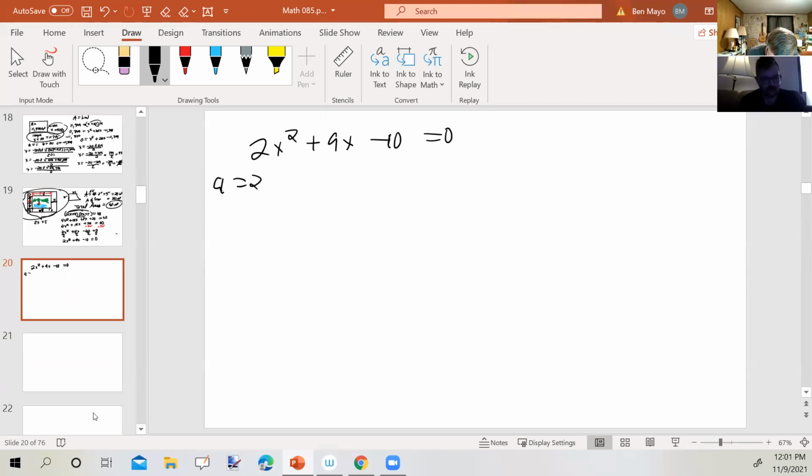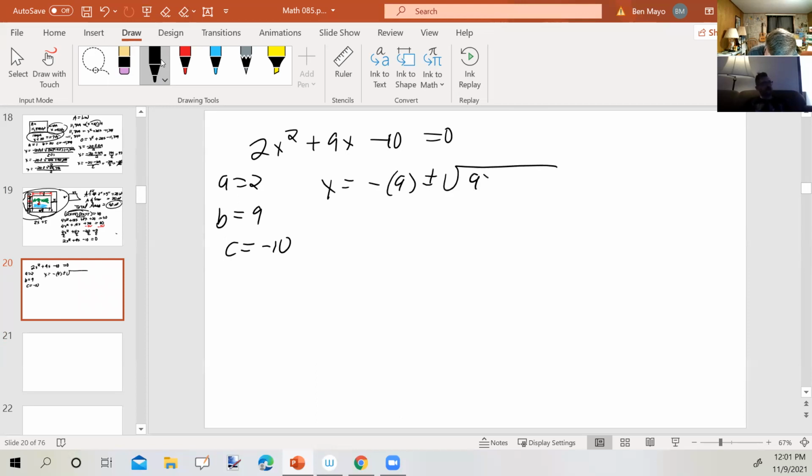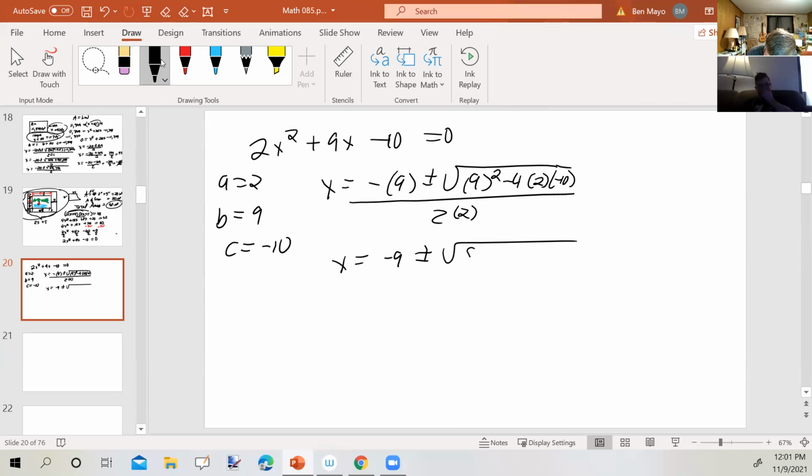A is 2. B is 9. C is negative 10. X equals negative b plus or minus the square root of b squared minus 4ac all over 2a. X equals negative 9 plus or minus the square root of 81 minus 4 times 2, which is negative 8, times negative 10 is positive 80, so plus 80, all over 4.